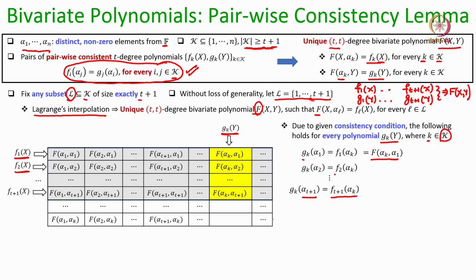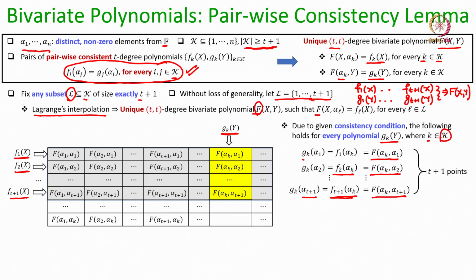So, f 2 x is nothing but the second row polynomial, and this point f 2 of alpha k is this particular point on my bivariate polynomial. And like that, my t plus 1th x polynomial also lies on my bivariate polynomial. It is specifically the t plus 1th row polynomial, and that row polynomial evaluated at alpha k is this specific point on my bivariate polynomial.